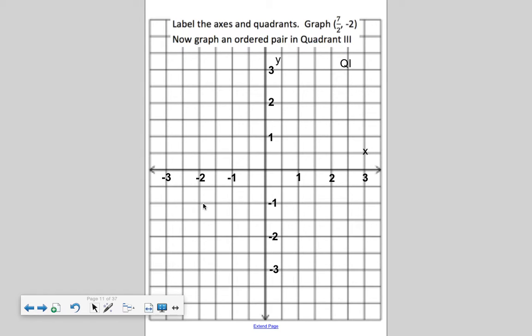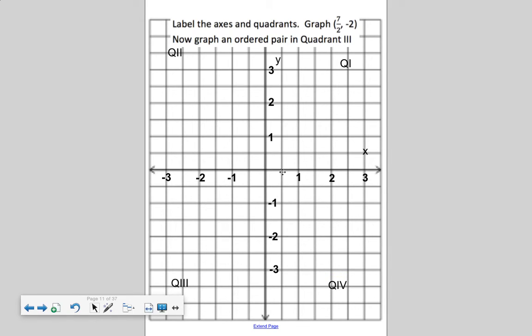Remember the C, quadrant 1. So this must be quadrant 2. This must be quadrant 3. And this must be quadrant 4. So the question says, graph, label the axis and quadrant. Done. Graph 7/2, -2. So let's see.